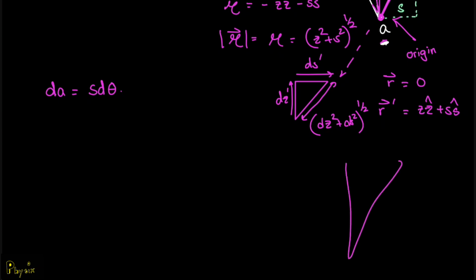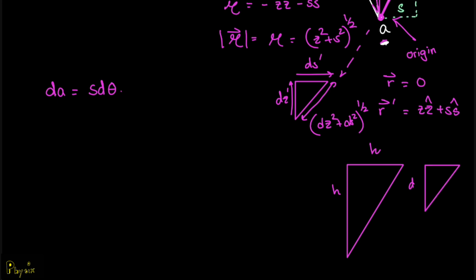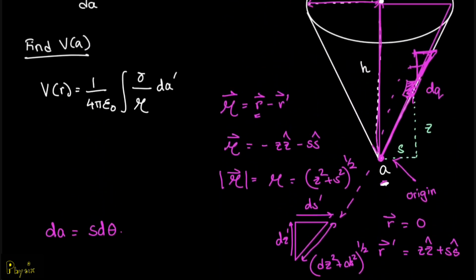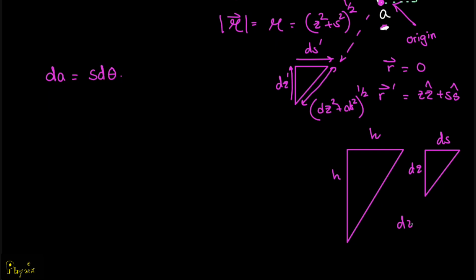This triangle has ratios like this, and the triangle with the infinitesimals is basically like this. And as you can tell, for any point along the cone, dz will be equal to ds for these two triangles to be similar. So plugging this relation over here, we get that the distance is basically (2ds squared) raised to the power 1/2.